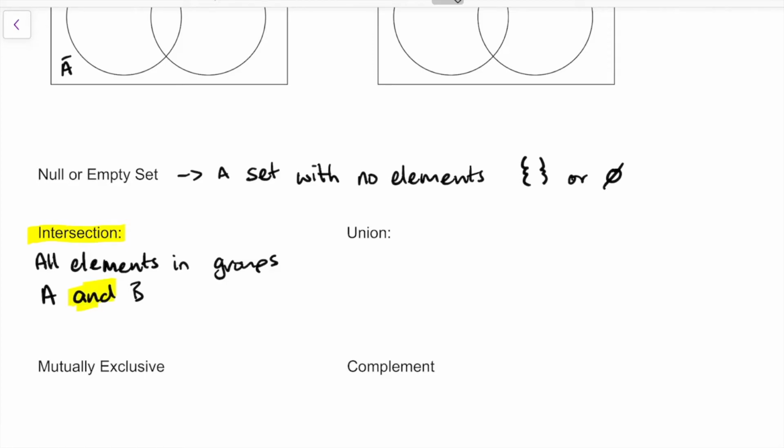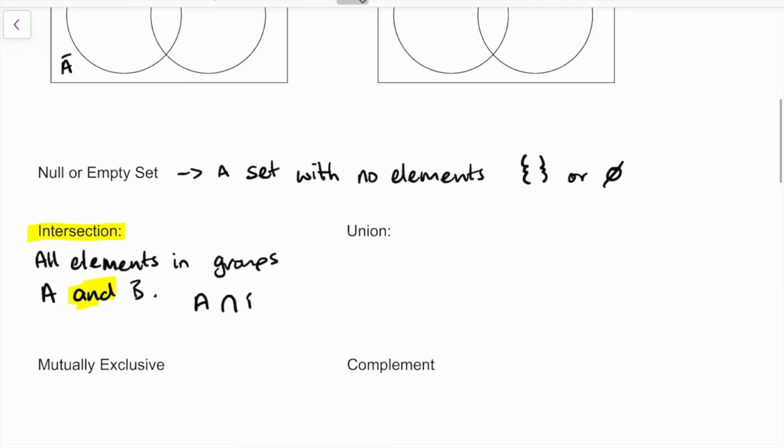So it has to be both. And to get that happening, we call that A, then an upside down sort of U shape, and then B. So there's our formal notation there. That's the symbol for intersection. Okay, that is our symbol for intersection.